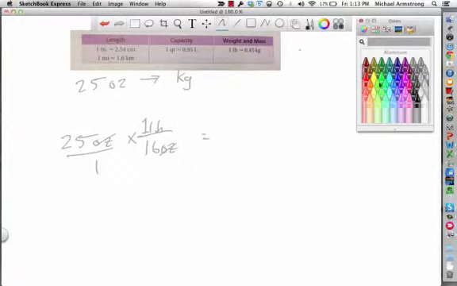You'll just have to find it. So if we start over again, we're changing 25 ounces into kilograms. So we're multiplying 25 ounces times 1 pound over 16 ounces. This is the complicated part because there are 16 ounces in 1 pound. So that means that 16 ounces and 1 pound are the same, which is why they're 1. We always multiply by 1.